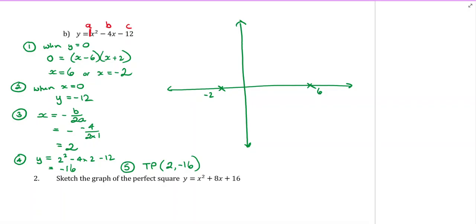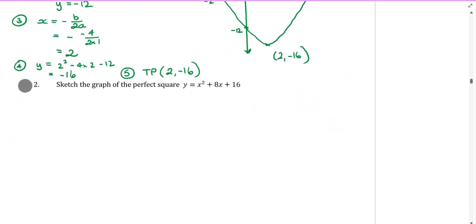Our y-intercept is negative 12 and our turning point is at 2, negative 16. So I'm going to start with the turning point down here, 2, negative 16. And then when I draw my parabola in, the spot where it crosses through here will be negative 12. And that's it.